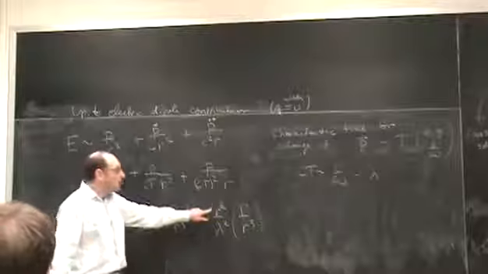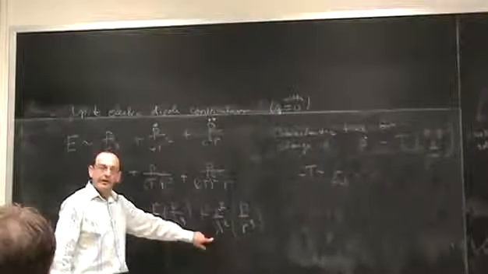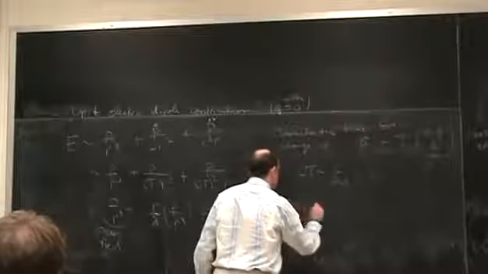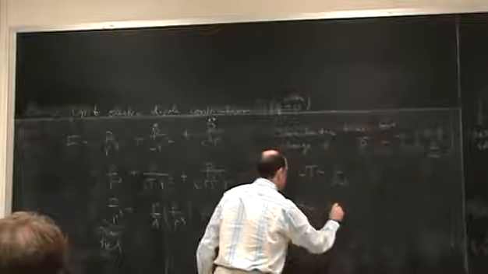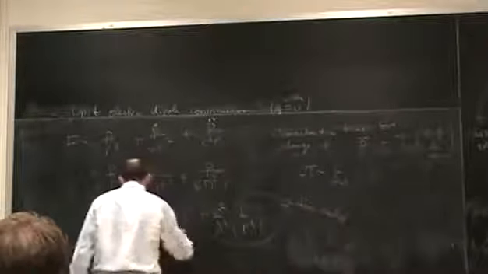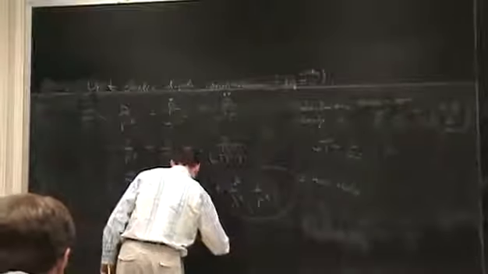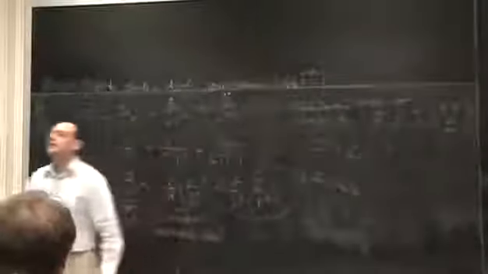When R is big compared to lambda, that's what we call the far field. And this we call the induction zone, or the intermediate zone. So that's why this picture looks like it does.